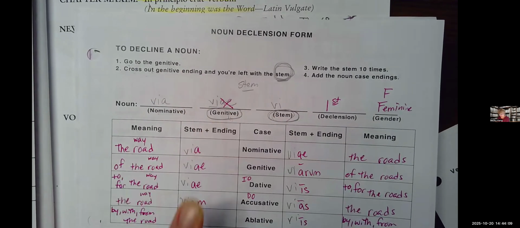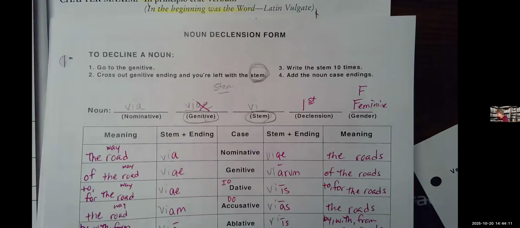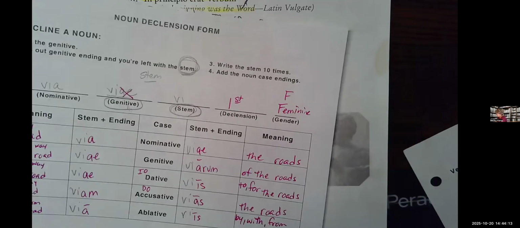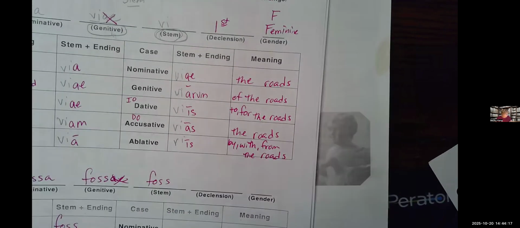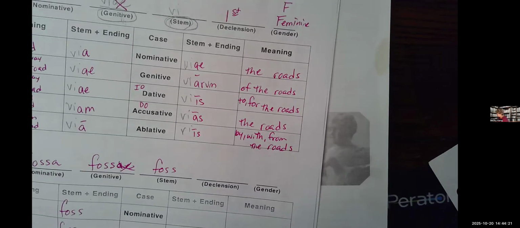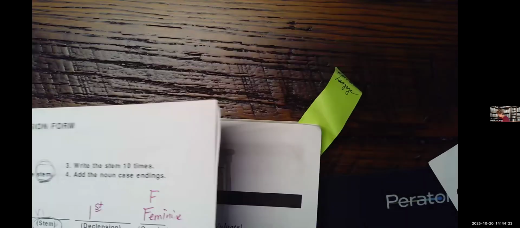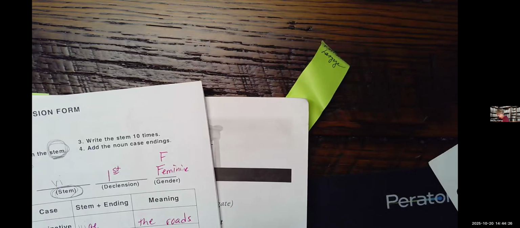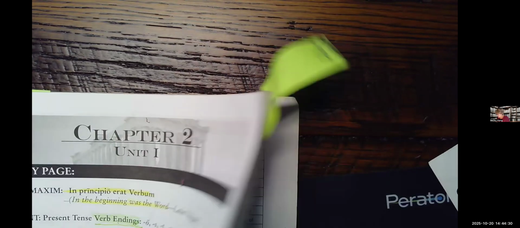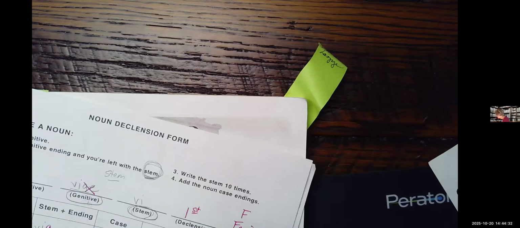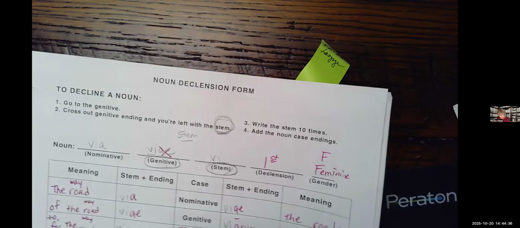If you remember what I told you about the genitive ending, get out your sheet of endings. Where's my sheet of endings? The noun endings, they're right here.